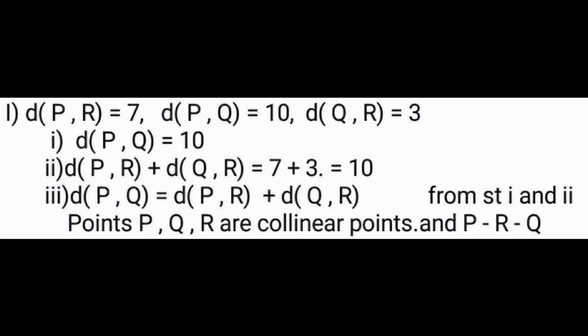So, from 1 and 2, distance PQ is equal to distance PR plus distance QR. And therefore, since the greatest distance is equal to the sum of the remaining two distances, points are collinear. Therefore, points P, Q, R are collinear points. And which point lies in between? Point R lies between point P and point Q.